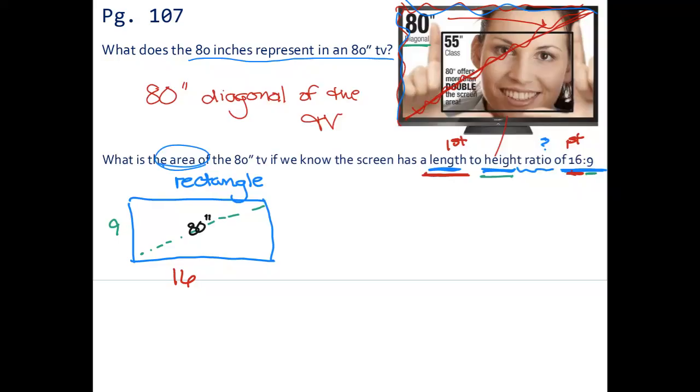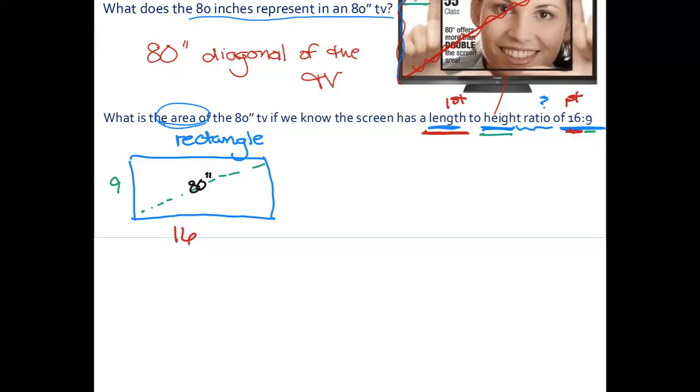If it's a length to height ratio of 16 to 9, does that mean exactly 16 inches and 9 inches? No. That means it is some multiple of 16 and some multiple of 9. Okay? So it simplifies to 16 and 9.